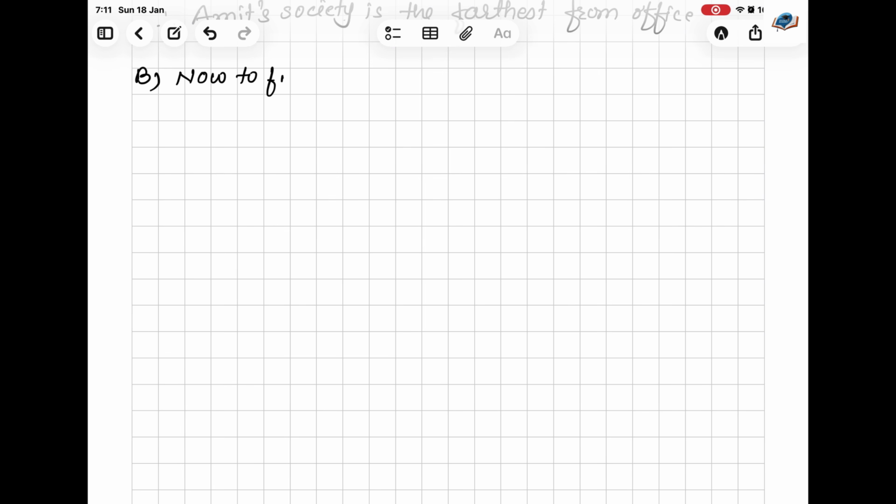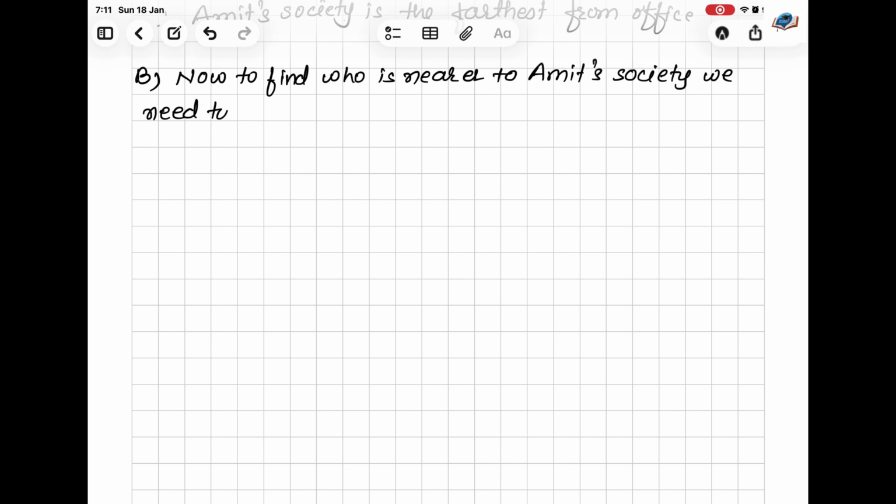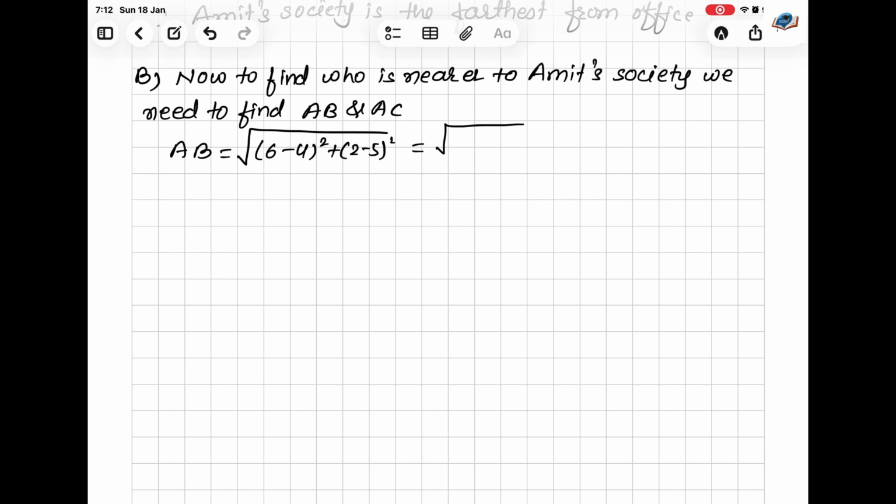So now to find who is nearer to Amit's society, we need to find AB and AC. So AB is root of (6 minus 4) whole square plus (2 minus 5) whole square.